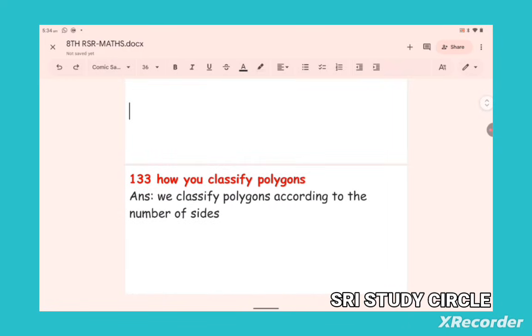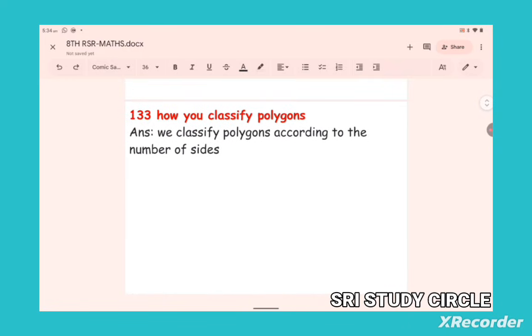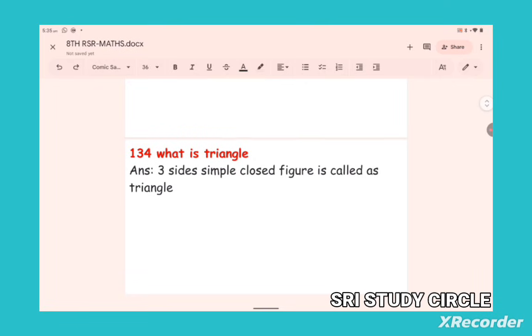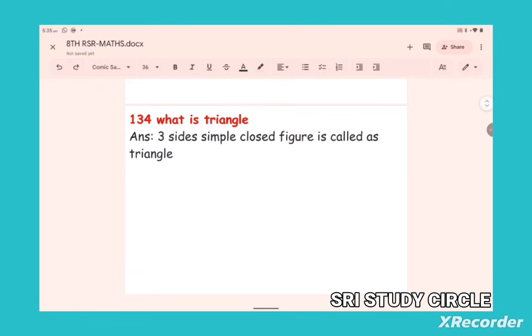Right, now next question. How do you classify polygons? We classify polygons according to the number of sides. A polygon which contains 4 sides is called a quadrilateral. A polygon which contains 5 sides is called a pentagon, and so on. What is a triangle?